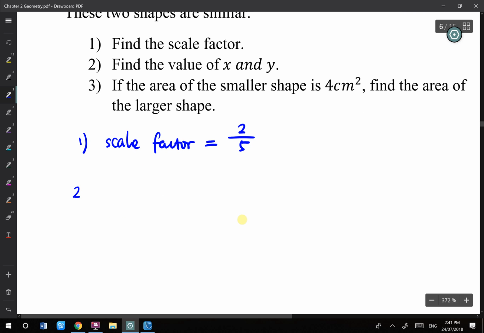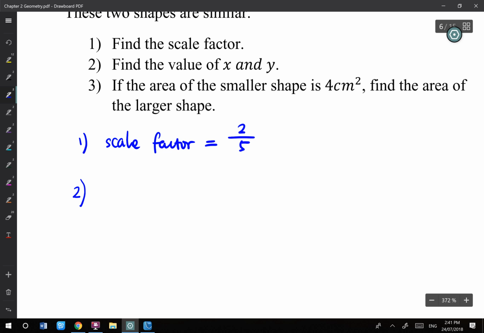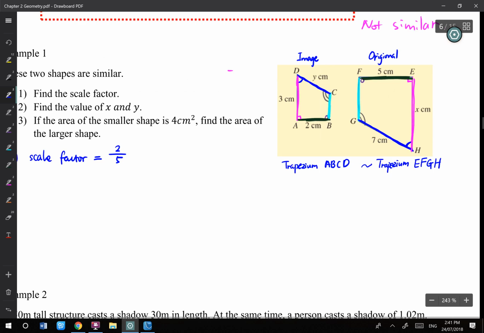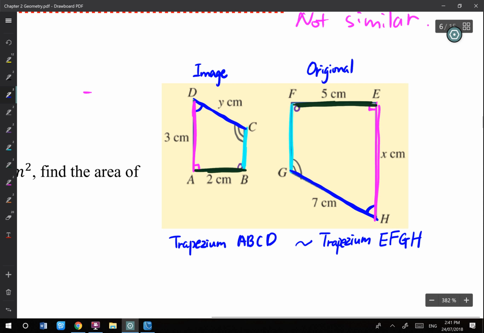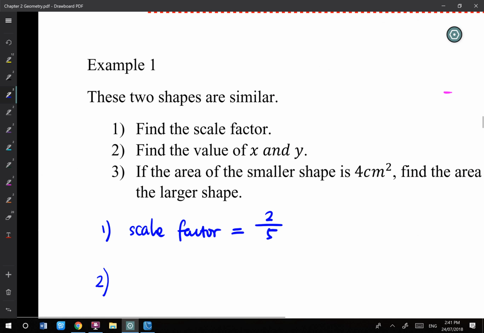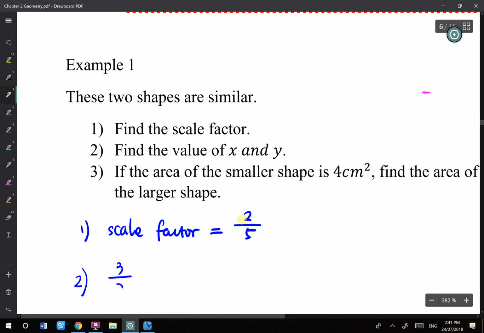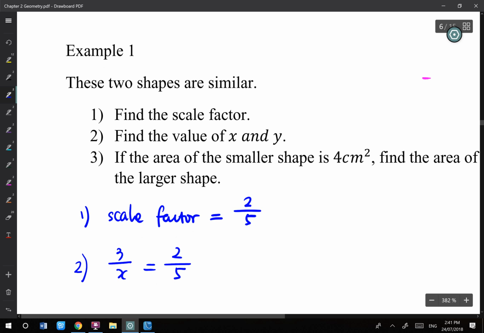Second, find the values of x and y. Where's x and where's y? x is the pink one, so I can use 3 and x as a pair. So 3 over x should be the same as 2 over 5, because the scale factor is the same for all the corresponding sides.